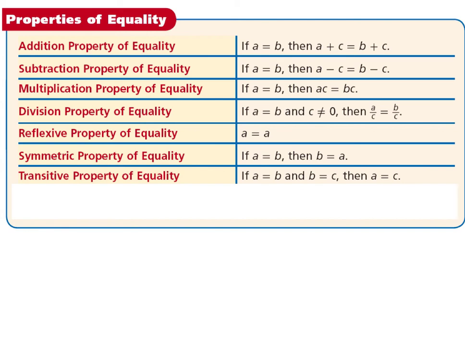What would an example like that be? Let's build one here on the board. Let's say if x equals 10 and 10 equals 24 minus 14, then x would equal 24 minus 14.